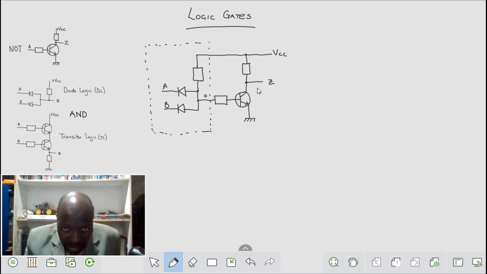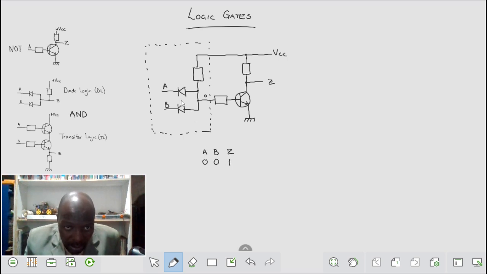So this 0 actually gives our output as VCC. Remember we're going to have A, B, and our Z. This part will convert the 0 into a 1. So if we had 0 0 in the input, or any 0 for that matter, our output is going to be 1.